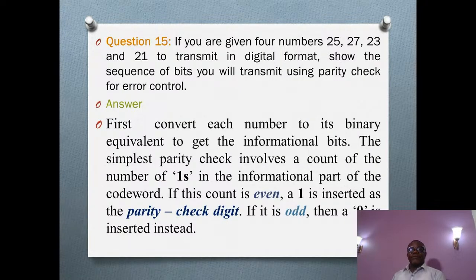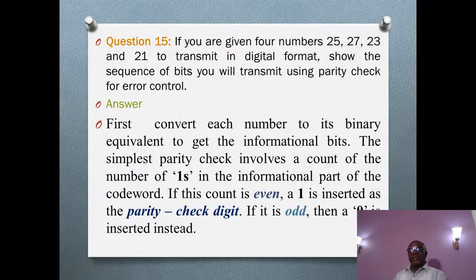Question 15. Now, if you're given 4 numbers, 25, 27, 23, and 21, to transmit in digital format, show the sequence of bits you will transmit using parity check for error control.